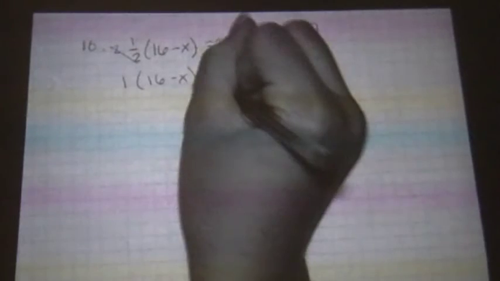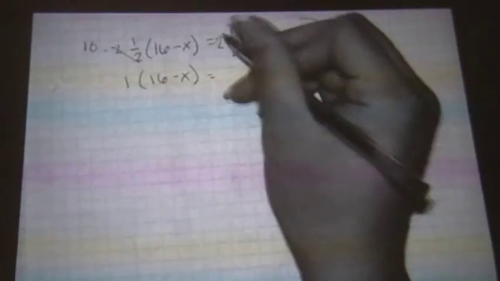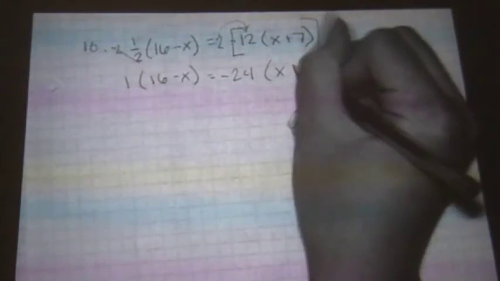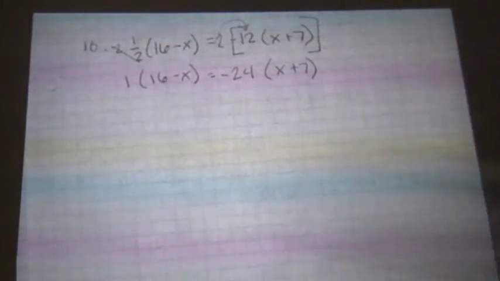So I'm putting a bracket around this. My 2's cancel out here when I multiply, so I'm left with just 1 and 16 minus x inside the parentheses. Now I've got to distribute this 2 to the negative 12, so I'm going to get negative 24, and then in parentheses, x plus 7. When I distribute this 1, it just makes it the same thing, because 1 times anything is itself.